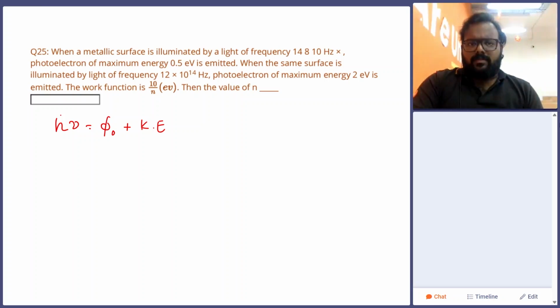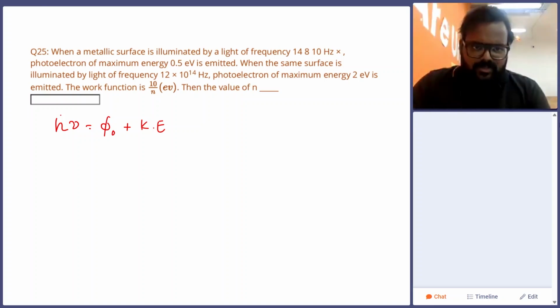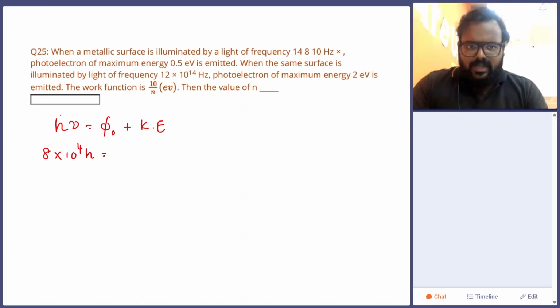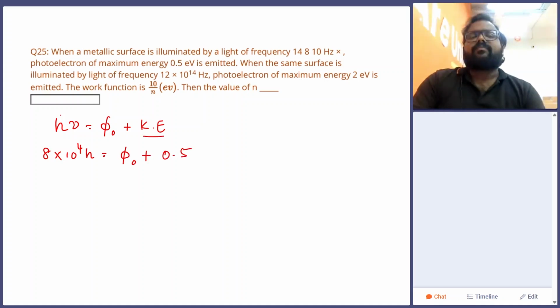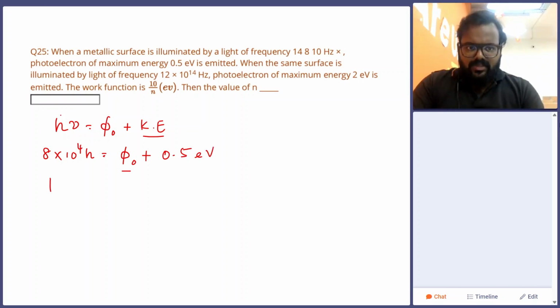I think there is a problem here. I think it should be 8 into 10 to the power 14. So 8 into 10 to the power 14 h is phi naught plus maximum kinetic energy of 0.5 electron volts. Then for the same surface, which means the work function is the same, you have 12 into 10 to the power 14 h is phi naught plus 2.